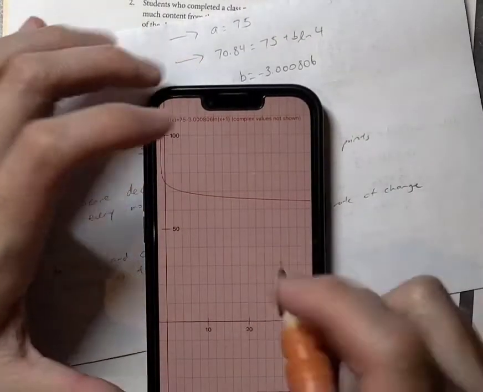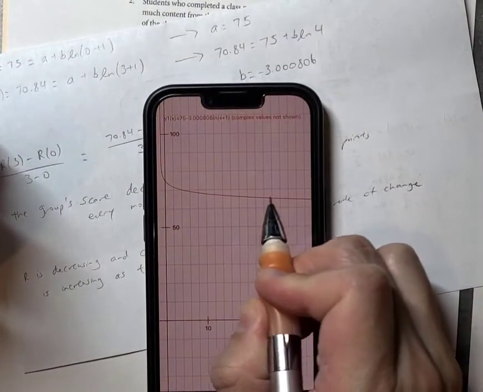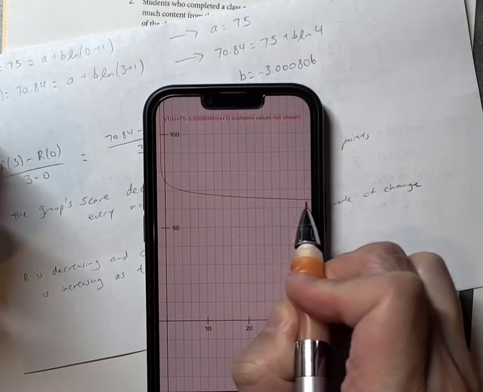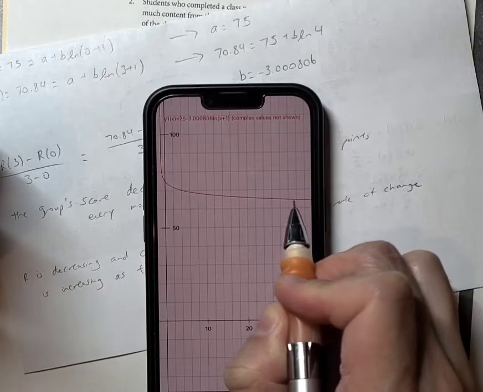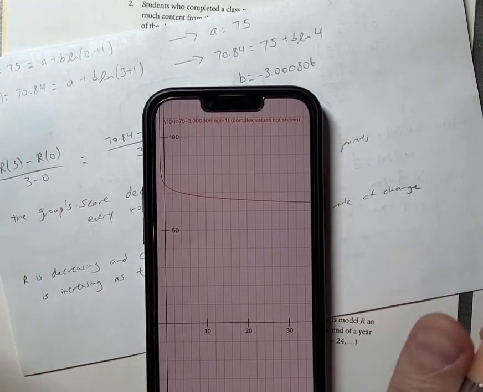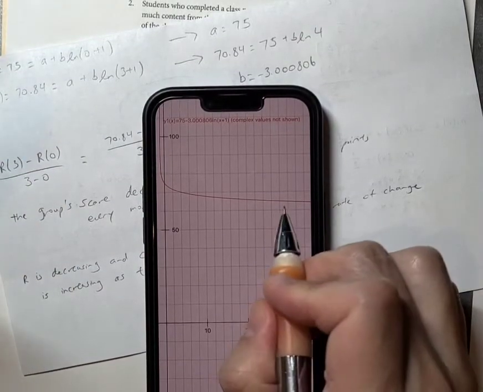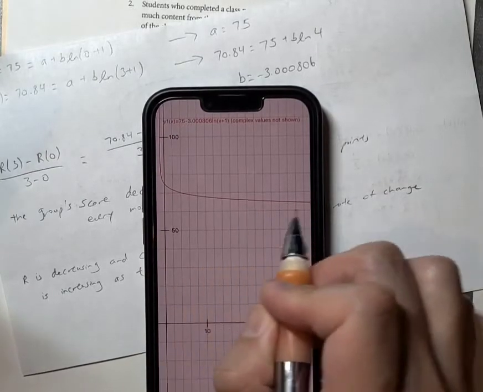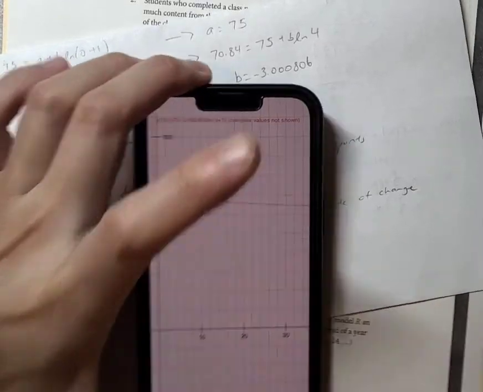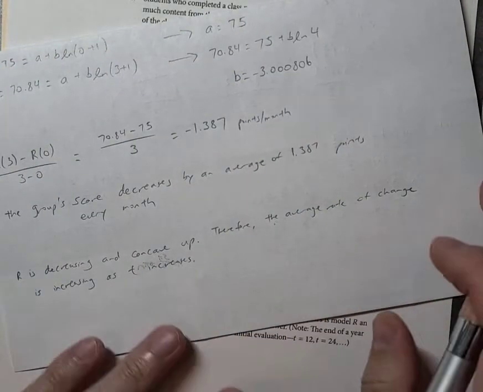You can even think of it as when we start taking differences, the differences will be smaller and smaller, right? And it's a smaller negative number specifically. So since it's a smaller negative number, it's bigger than before here. Okay, so that's why the average rate of change is increasing as t increases.